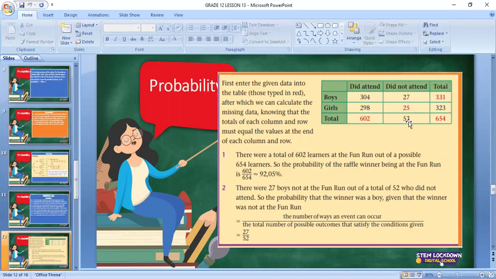So how many boys are there among those who were not at the fun run? 27. So how many people were not at the fun run? 52. So the probability of getting a winner that is a boy who was not at the fun run will be 27 over 52. So our probability will be 27 over 52.